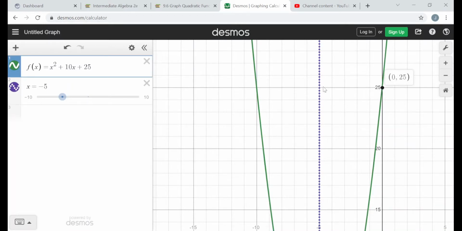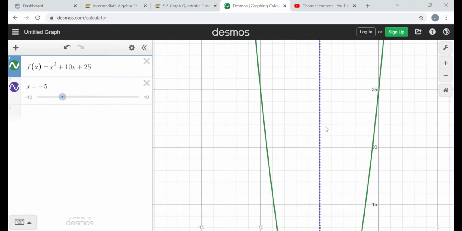And look at the symmetry. That's 5 units to the right of the axis of symmetry. See, if I go 5 units to the left, there's (-10, 25). Right? The other point I plotted.